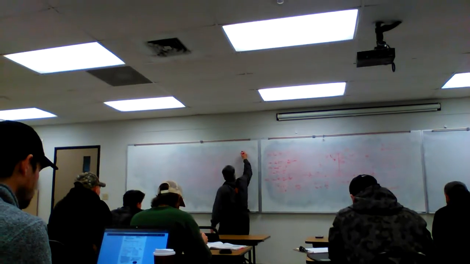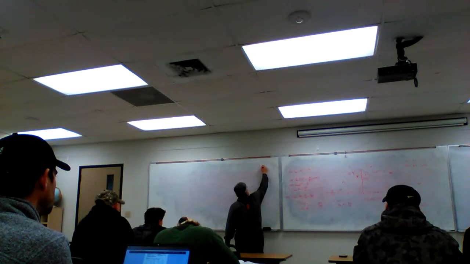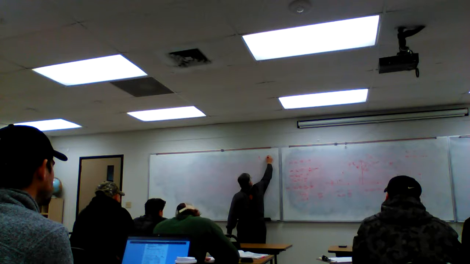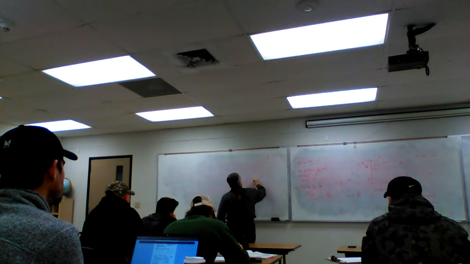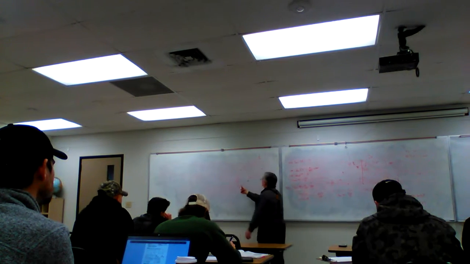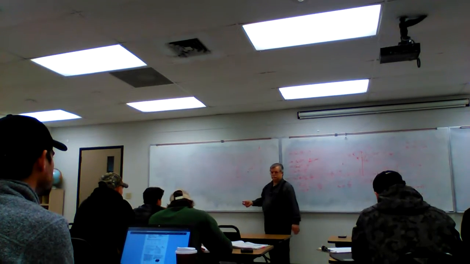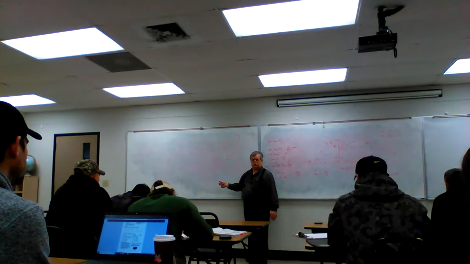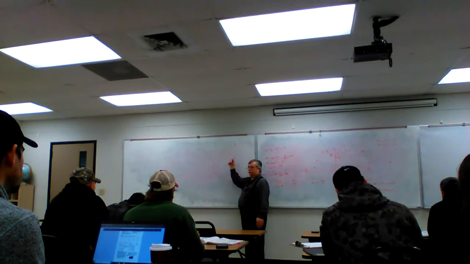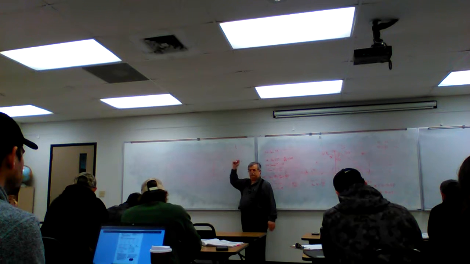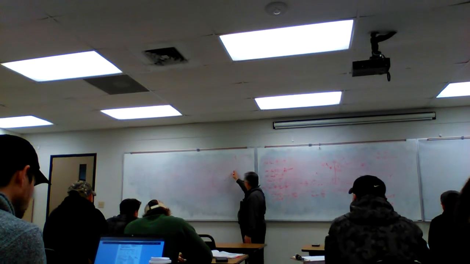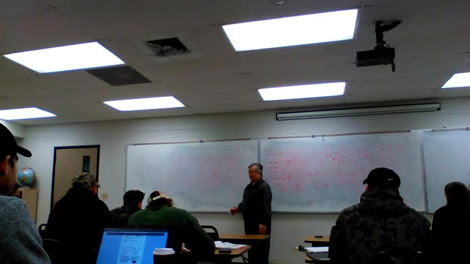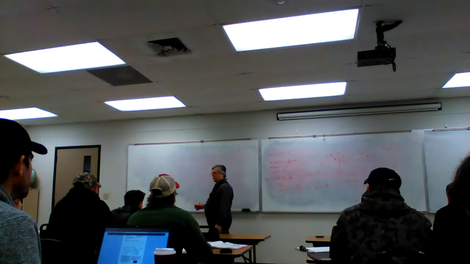Once we know the radius, the area of the circle is pi r squared. That means we need to know this length. That's the diameter of the circle. So half of that length will give us the radius from which we can calculate the area of the circle. How long is that line? How do we find that?